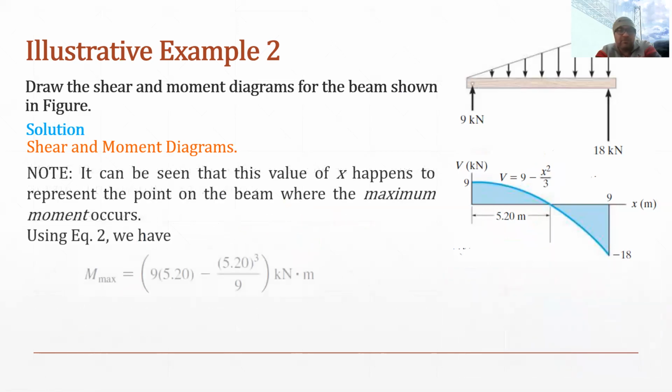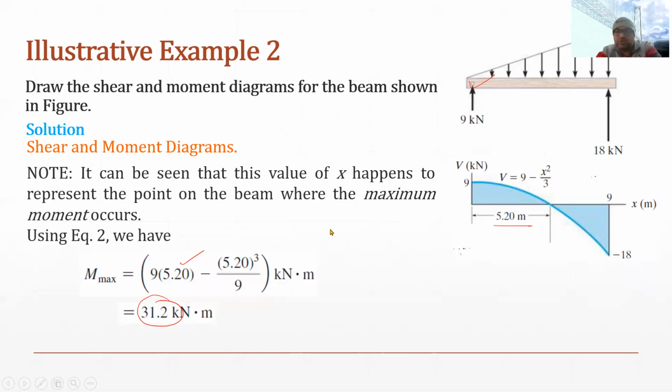Using the same equation, 9x minus x cubed by 9, putting the value of x as 5.2 meter, we get the maximum bending moment as 31.2. That is the maximum bending moment in this beam, at a distance of 5.2 meter from the left end.